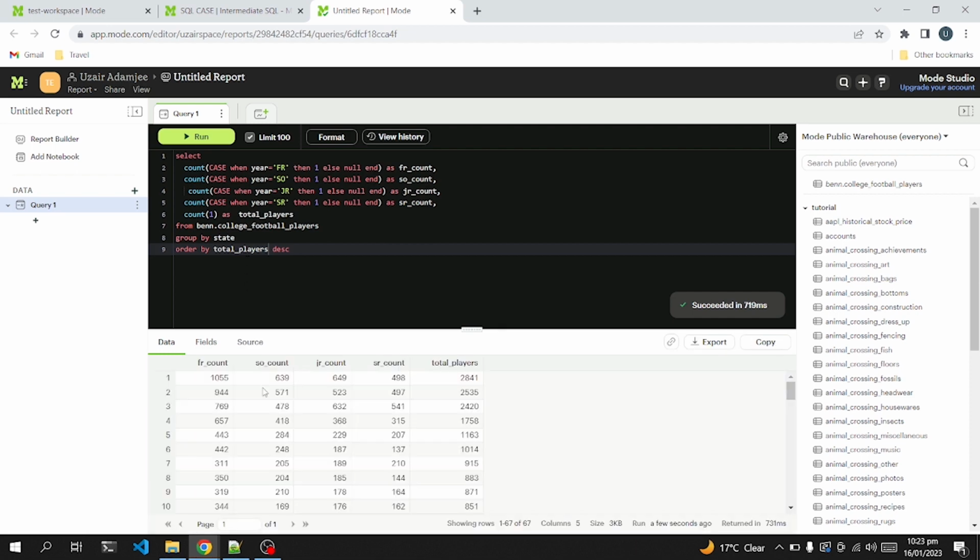We have got the 5 columns: FR count, SO count, JR count, SR count, and total players. Sum it up, we should get this. Check it out: 311, 205, 516, 169, which is correct.